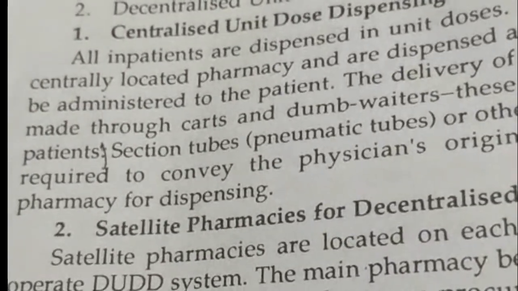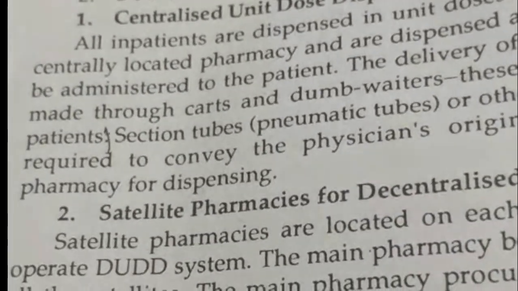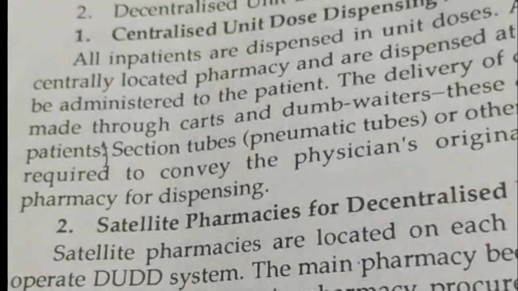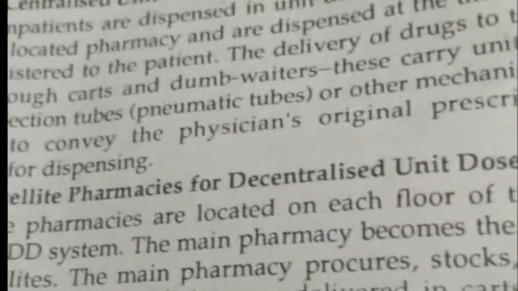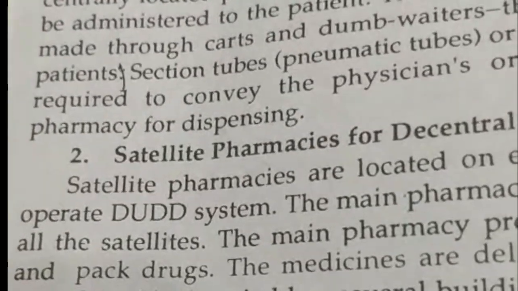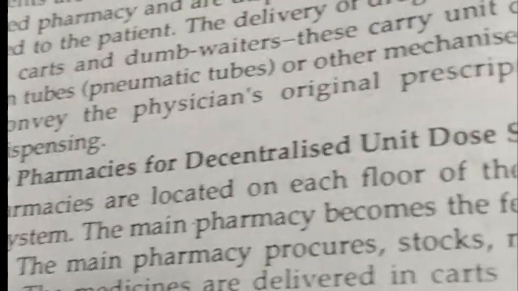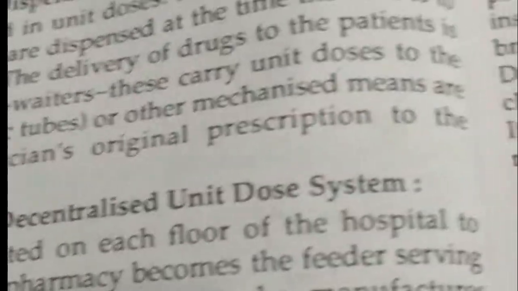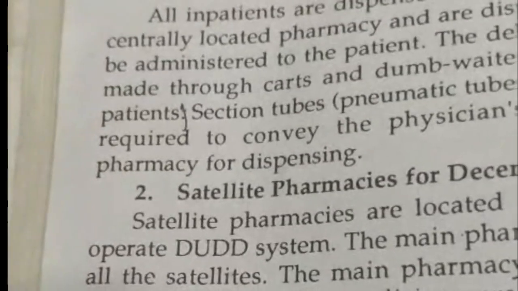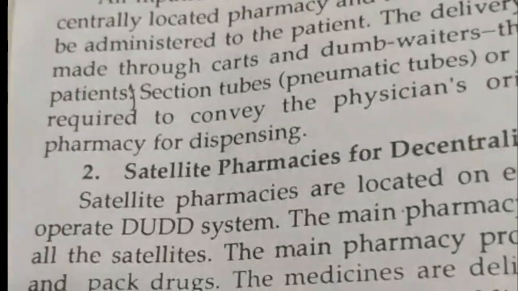Now you have to learn about unit dose dispensing. The next part, the second part, is satellite pharmacies for the decentralized unit dose system. Here satellite pharmacies are located on each floor of the hospital to operate the DUDD system.